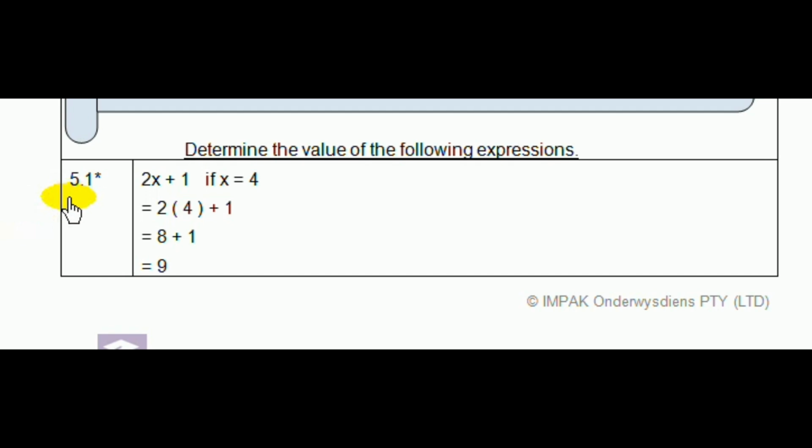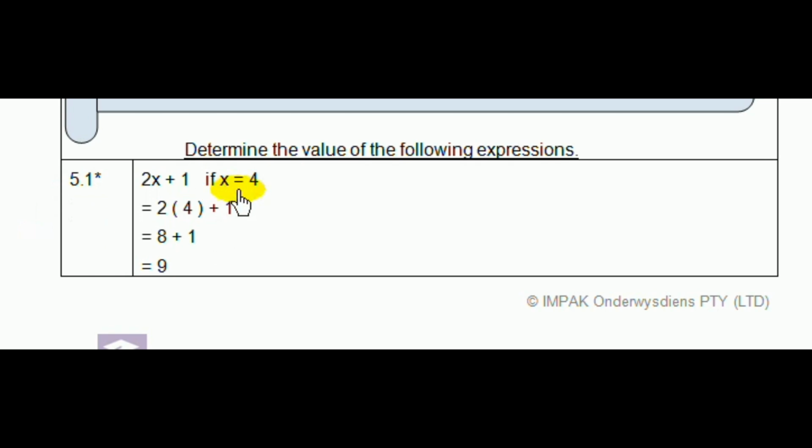For point 1, you have to change the letters with numeric values. Substitution. 2x plus 1 if x is 4. I know it sounds quite easy. The one thing that I want to actually try and teach you in the beginning here is when you substitute, when you change the letter with another value, please put your brackets in.